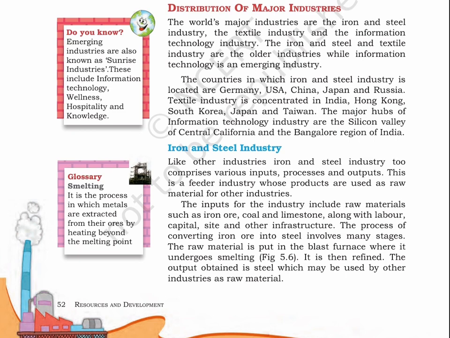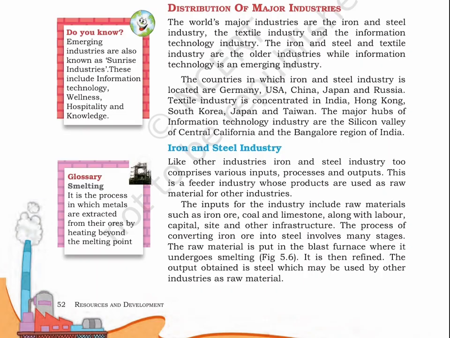The process of converting iron ore into steel involves many stages. The raw material is put in the blast furnace, where it undergoes smelting, which is shown in figure 5.6. It is then refined. The output obtained is steel, which may be used by other industries as raw material.